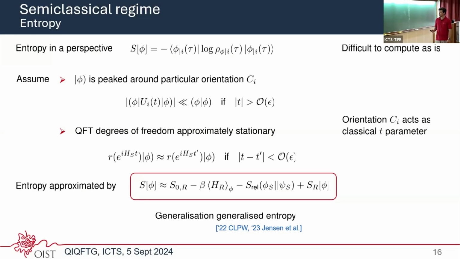And then we have this observer kind of entropy here, which if you only had one clock, would reduce to this integral of the log of the wave function, if you have read that paper. But this is basically what we call the frame entropy, because you can have multiple clocks, so they can also lead to an entropy contribution to the full entropy of our physical state. So it's kind of like a generalization of the generalized entropy they consider in the CLPW and Jensen et al. papers.